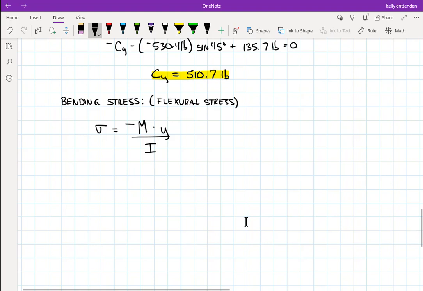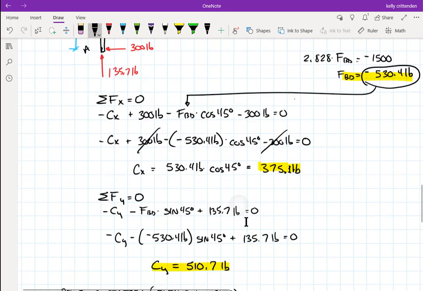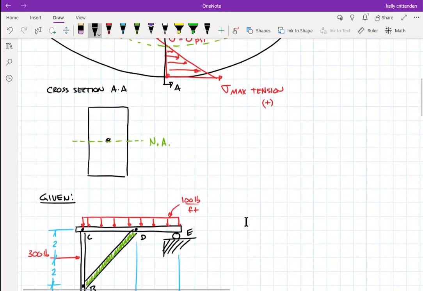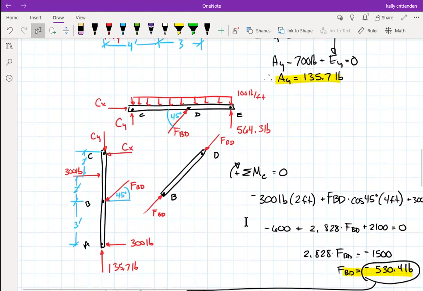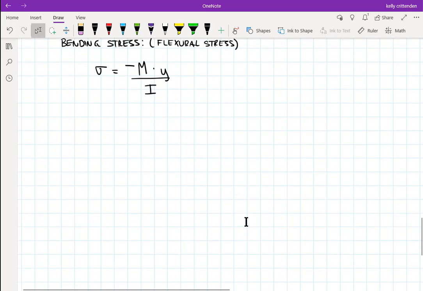So none of the, well, Y, let's start with Y, because that one we can deal with and get it explained pretty quick. So let's go back to this idea way up here where the cross-section is just a rectangle. It doesn't matter what the cross-section actually is for how Y is defined, so we'll just use a rectangle.